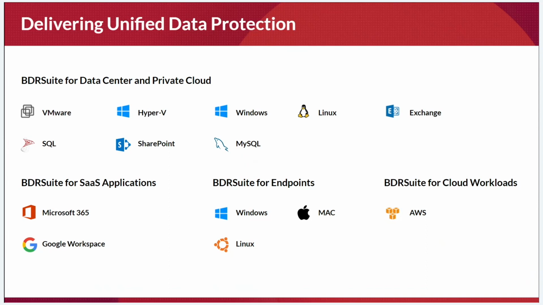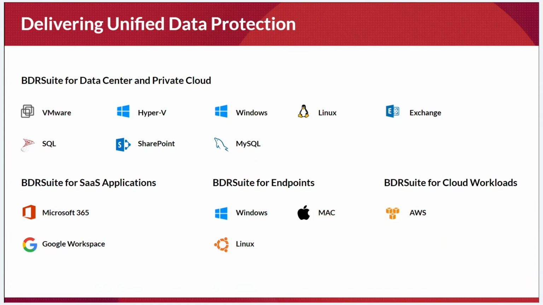When I say you can back up Microsoft 365 and Google Workspace, I'm referring to the backup of the user mailbox. This user mailbox includes the mails, contacts, calendars, OneDrive in case of Microsoft 365, and Google Drive in case of Google Workspace.